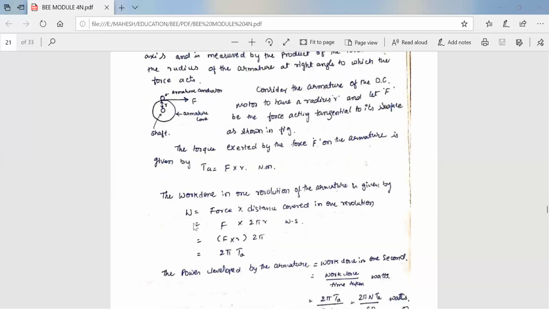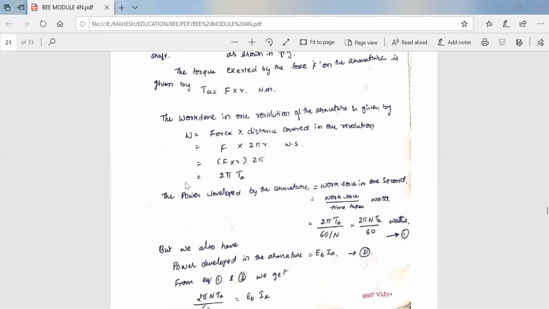Therefore, the work equals force into distance, and here it is given by F into 2 pi R, as the distance is covered in terms of the circumference. On replacing, F into R can be replaced with Ta, the armature torque. So we get the work W equals 2 pi into Ta.